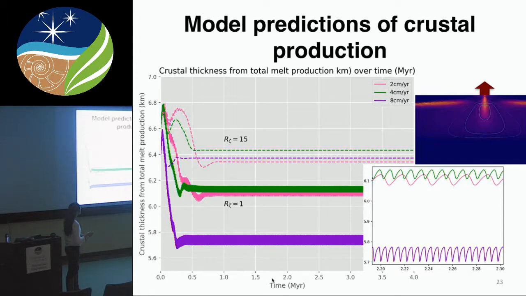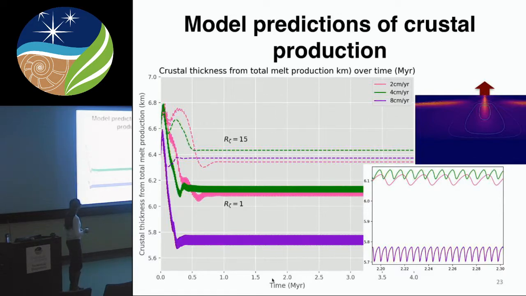If I take all the melt being produced over time, that gives me the total amount of crust that can be formed. The dashed lines are for the higher bulk viscosity constant, and the solid lines are for the lower bulk viscosity constant. You can see this transient, and then they pretty much evolve to a kind of pseudo-steady state. This is just to show you what they actually look like, because it's just a very squiggly line.